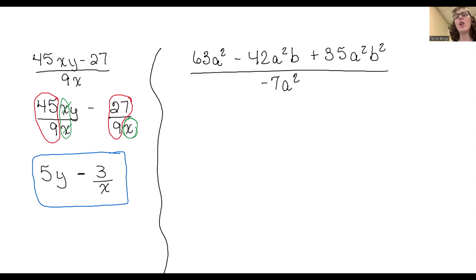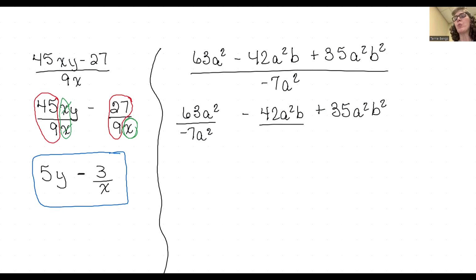So let's break that top part up. We're going to rewrite it as 63a squared minus 42a squared b plus 35a squared b squared. Now we're going to take that negative 7a squared and put it under each one of these terms that we wrote down. We're just going to break this whole thing apart to make it a little easier to look at.